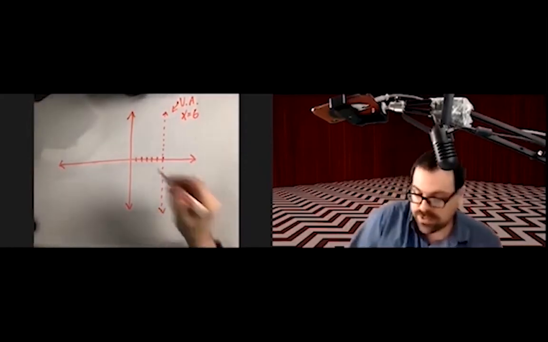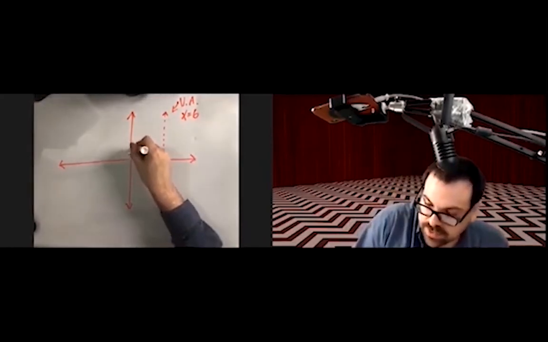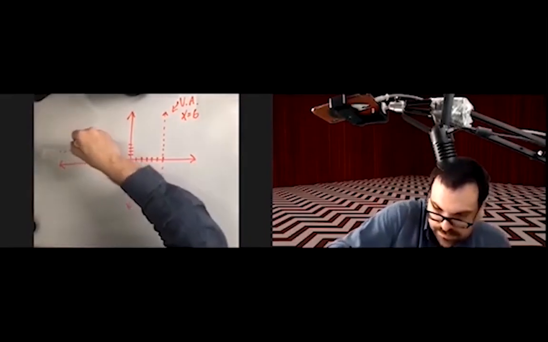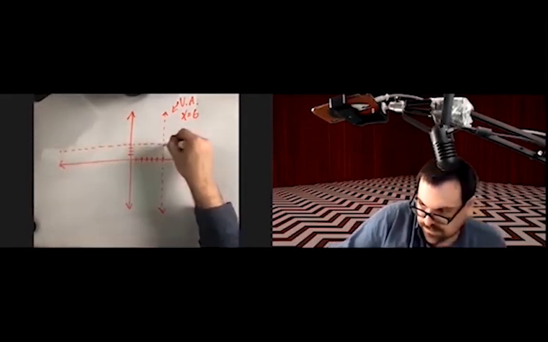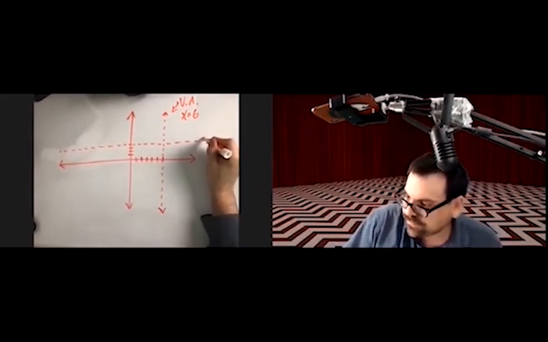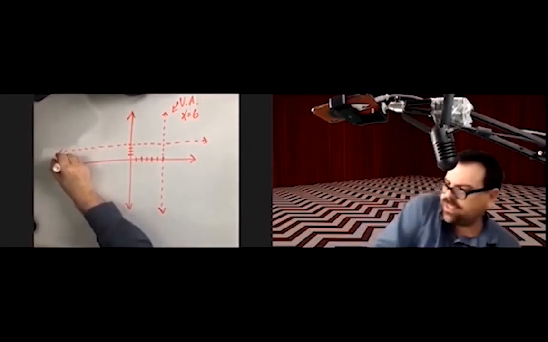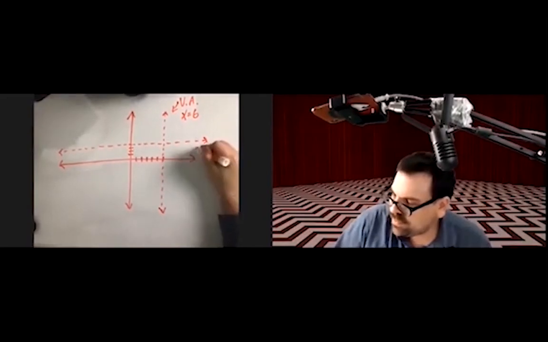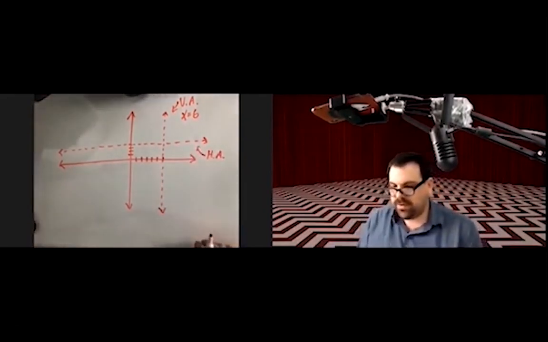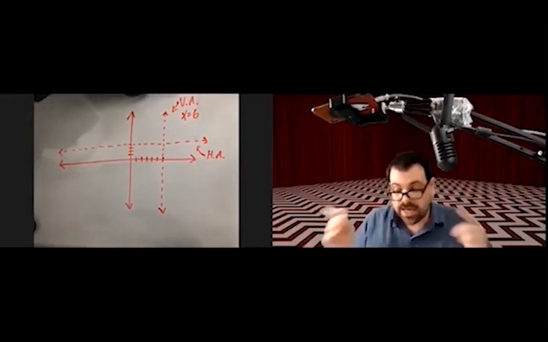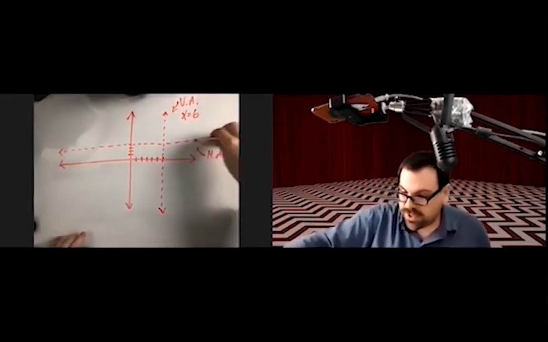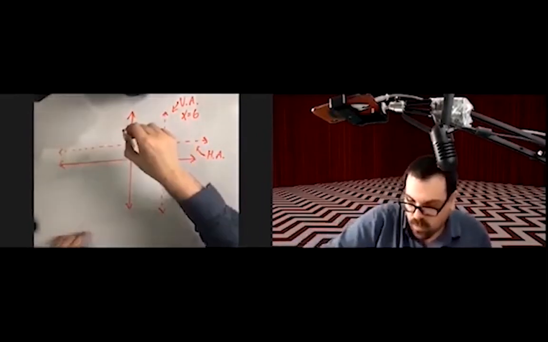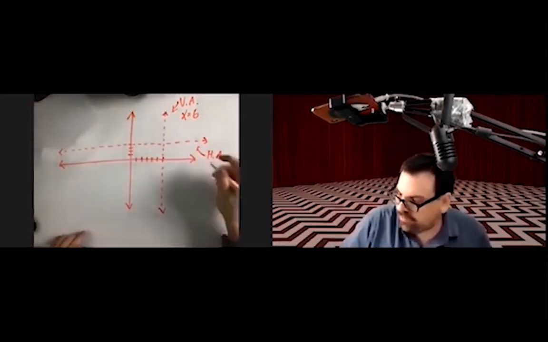And we're going to have a horizontal asymptote here. And what's the equation of this horizontal asymptote? Well, if it were a line, and it is just a line, it would be a horizontal line that strikes the y-axis at 4.